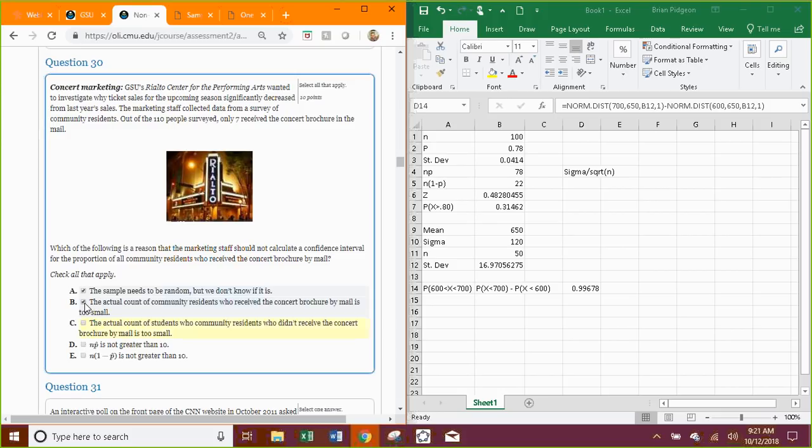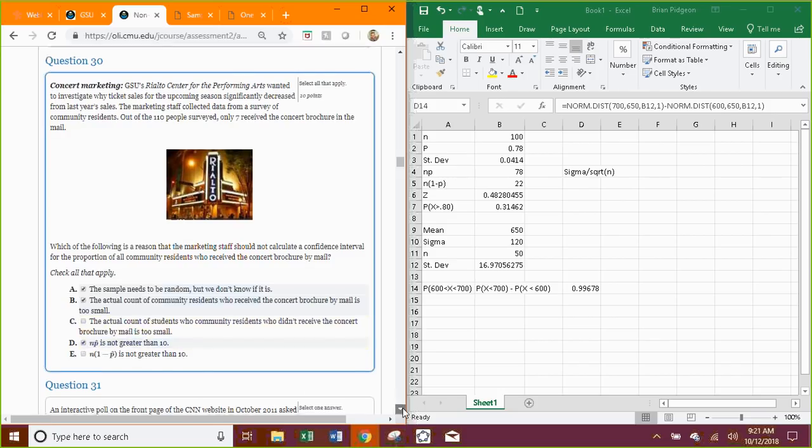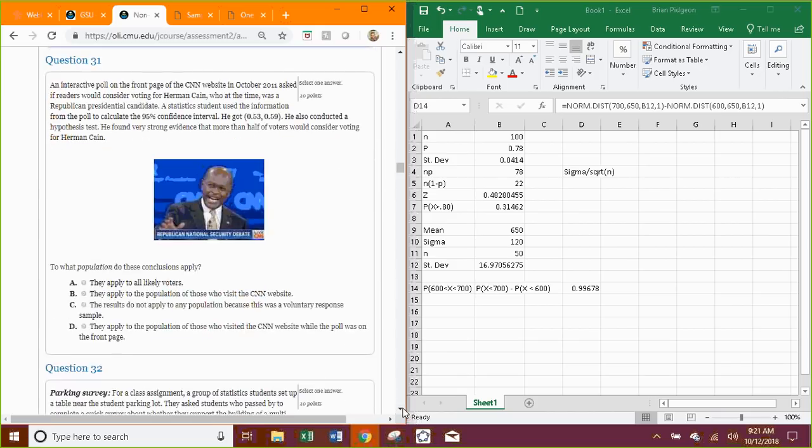That's true. We need at least 10. That means that 103 received it, which is bigger than 10. So that means n times p hat is not greater than 10.